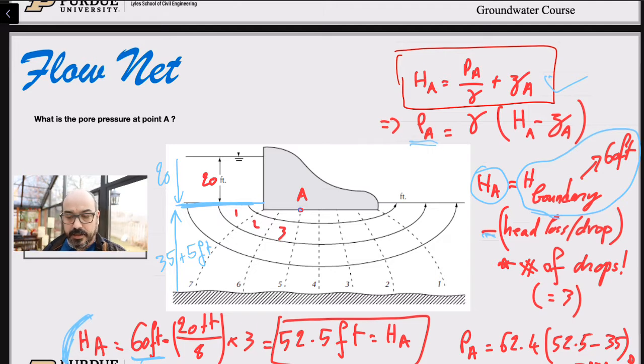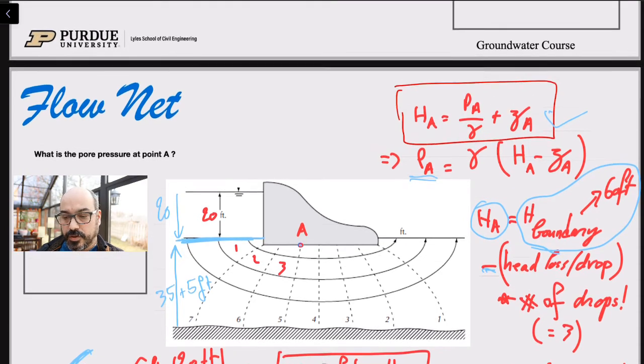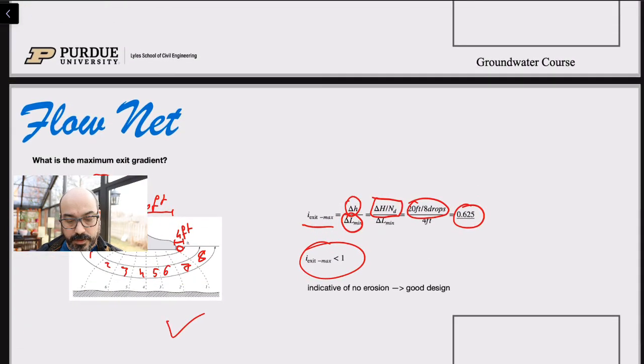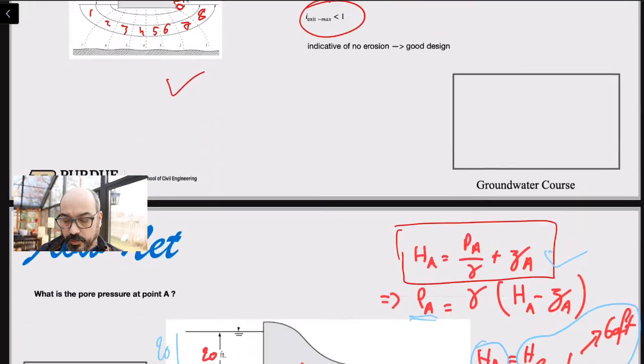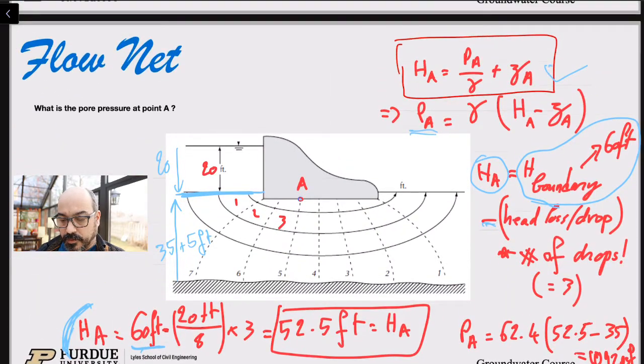So the total head at the boundary is 40 plus 20, 60 feet. Okay, so that's just given to you. I guess I removed the slide so you don't have the datum, but the datum is really important. So the elevation head here is 35 feet plus 5 feet because the structure is 5 feet inside the aquifer or inside the soil. Okay, so that's just given to you.